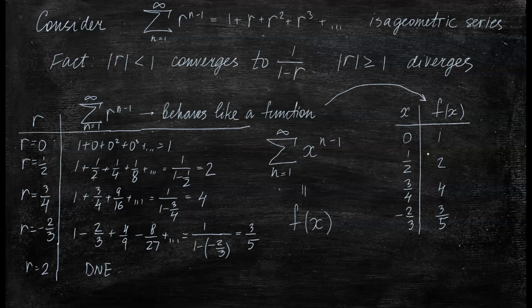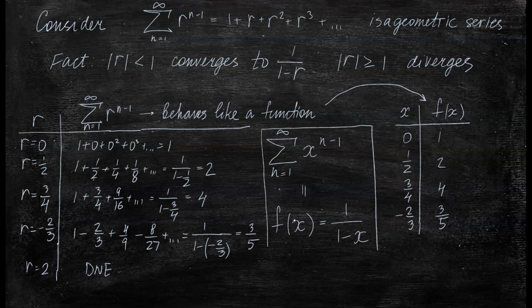So in our case, this, what we used to call a geometric series, but instead of r, when we write x, it appears that it will act like this function. So this is what we have discovered, and we definitely want to make sense out of this.